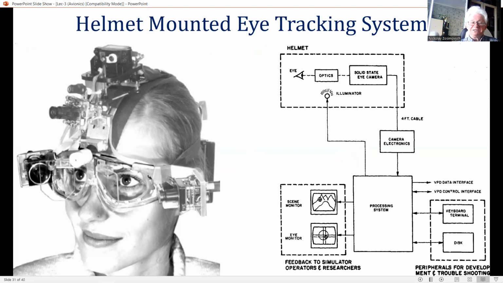The sight line measurement accuracy can hence be greatly improved by the use of an eye tracker system, which measures the direction of gaze of the eye with respect to the helmet. The gaze angle relative to the airframe can then be obtained by combining the eye tracker and head tracker output.